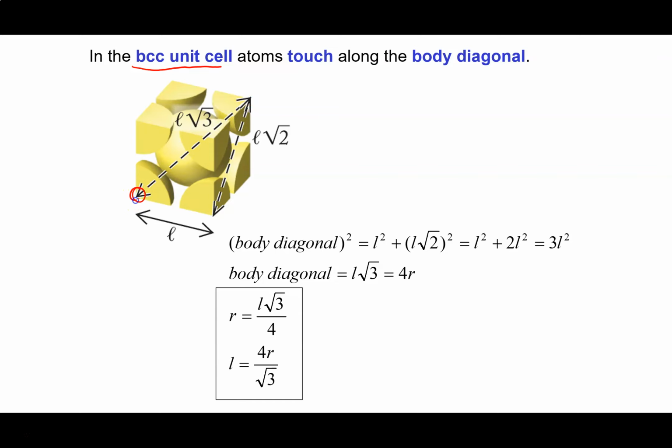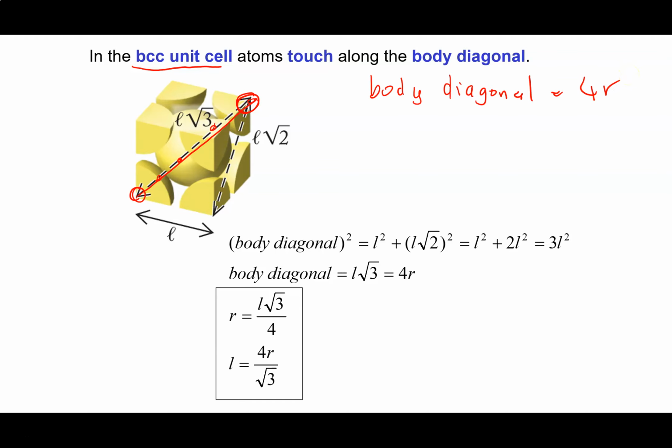So if we go from the bottom front corner all the way up to the top back corner, that's where they touch, and that length through there is going to be 1r, 2r, 3r, 4r. So the body diagonal has length 4r when expressed in terms of the radius.